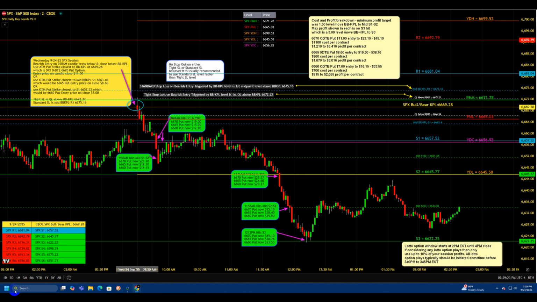The default settings are you have 6 main levels above and 6 main levels below the BBKPL level. This particular indicator, we added 4 additional levels, so you can now have up to 10 levels above and 10 levels below.